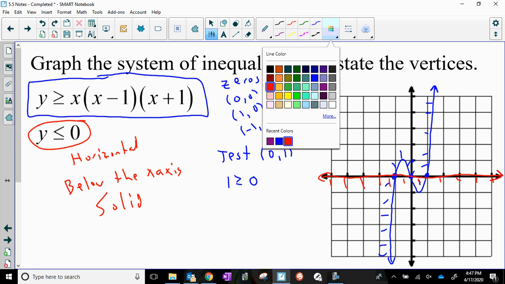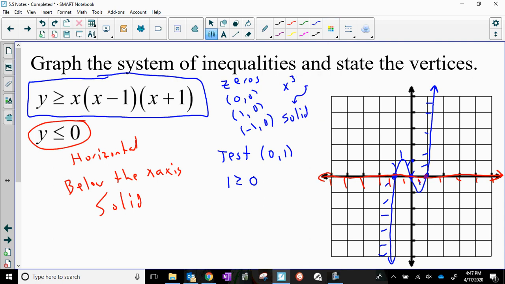And finally, let's go get the areas that are shaded in blue and red. So we have a vertex at 1, 0, a vertex at 0, 0.